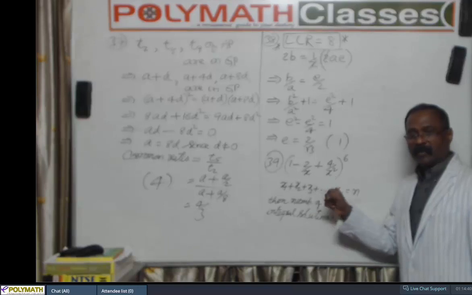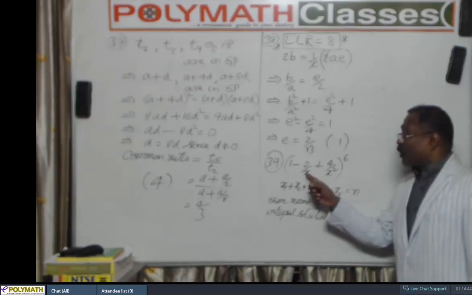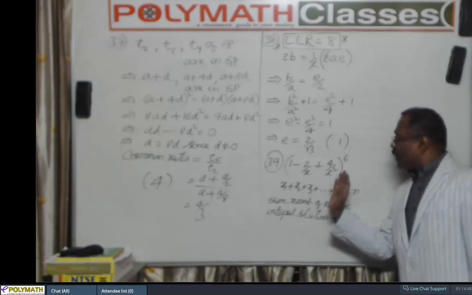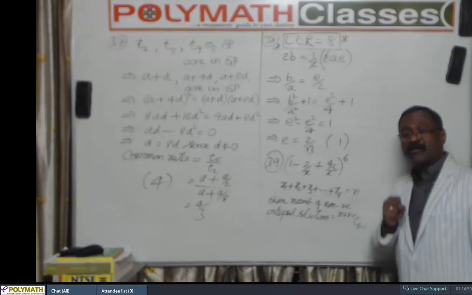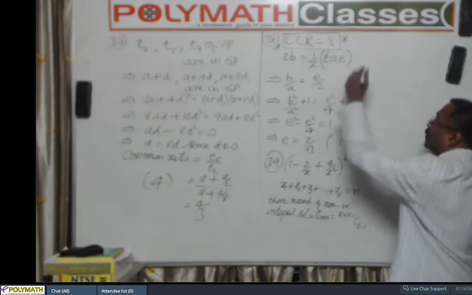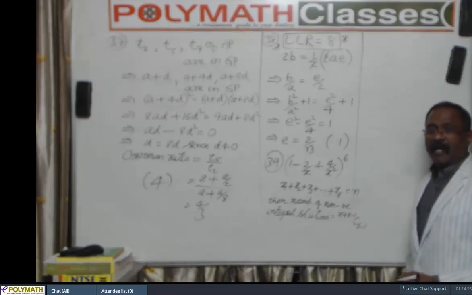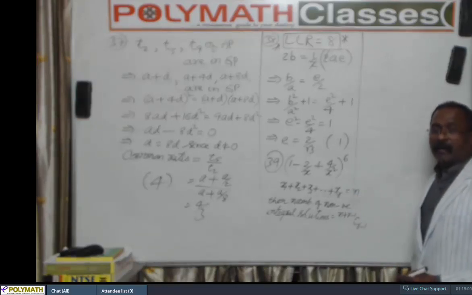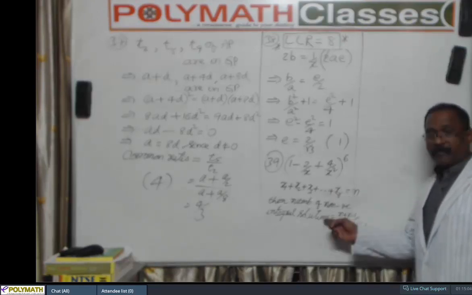Similarly, in other combinations there are chances of getting the same term, so those two terms will be added and the number of terms will be reduced. That's the ambiguity in the question. So let us see how to solve this. The question setter formed this question based on this concept only.